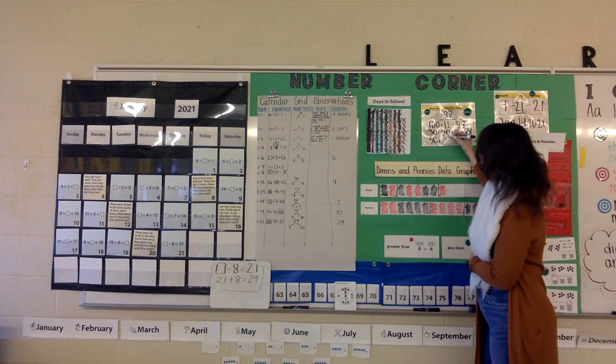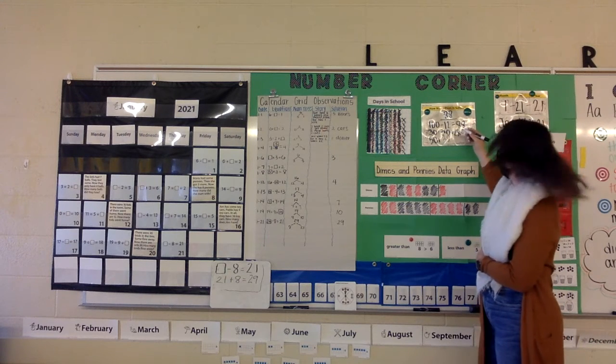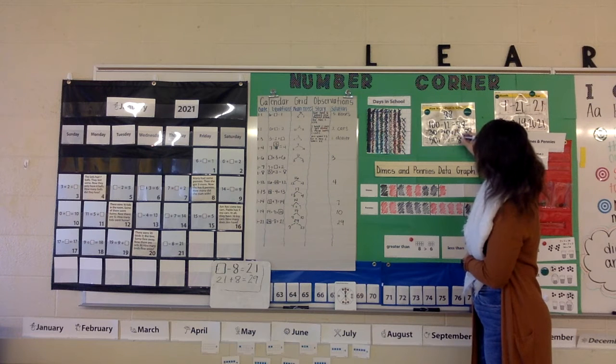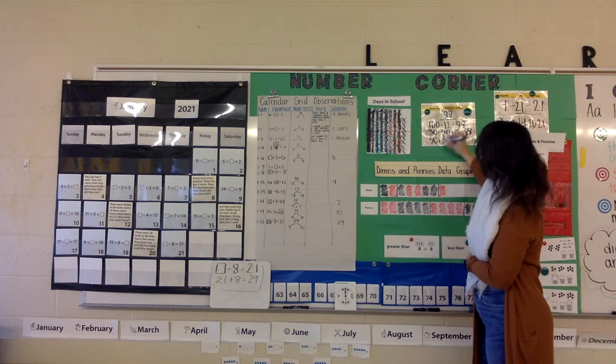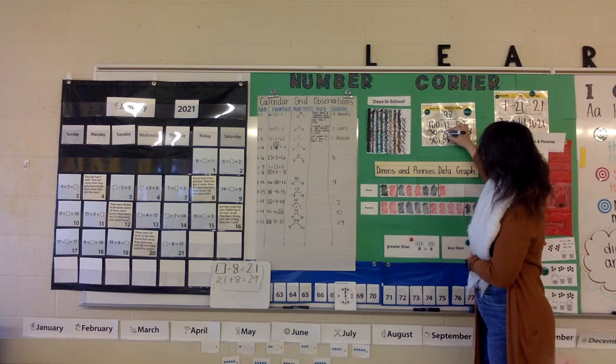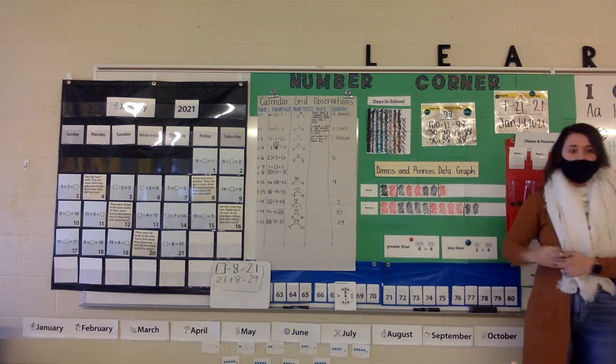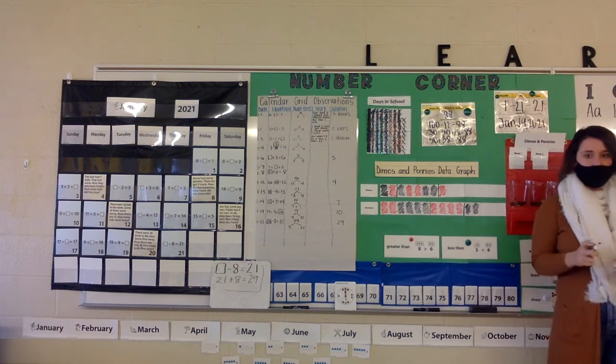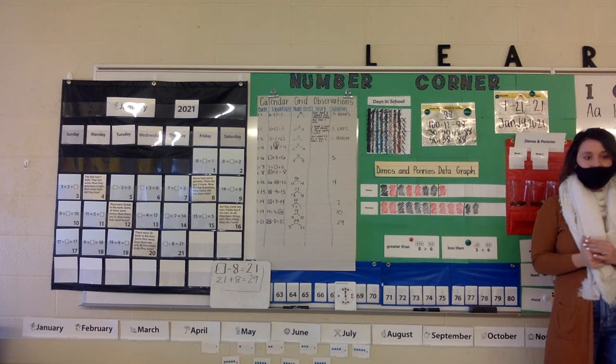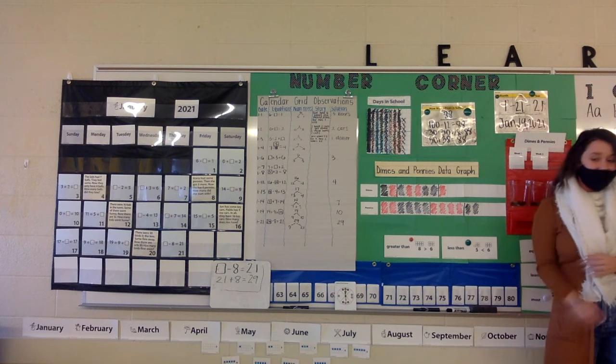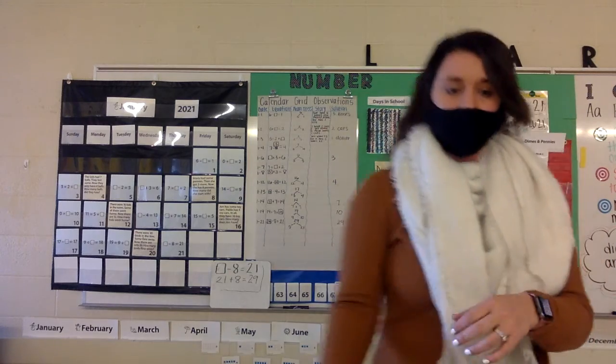What does that equal again? Who can tell me? Madison. 38. What does all of that equal? 50 and 38. What's my total? 88. Good job. All right, head back to your tables and get ready for reading.